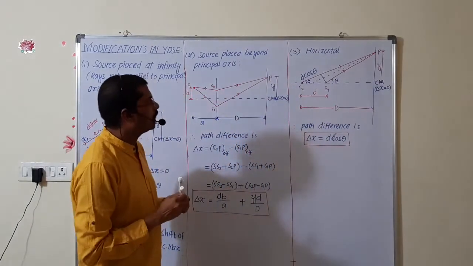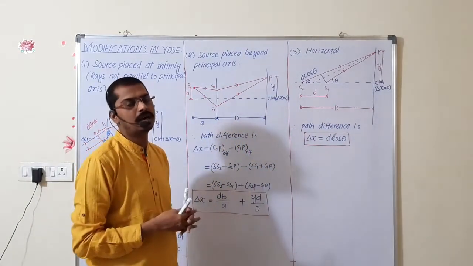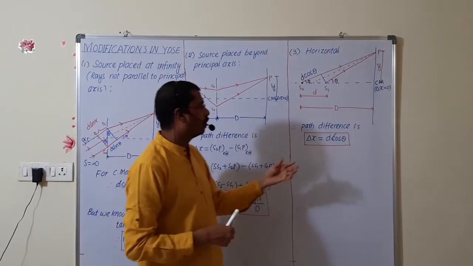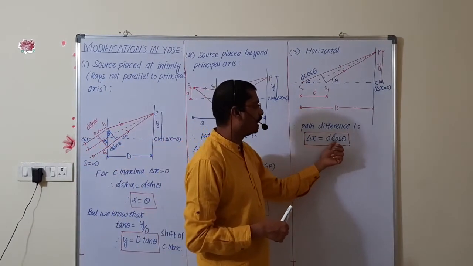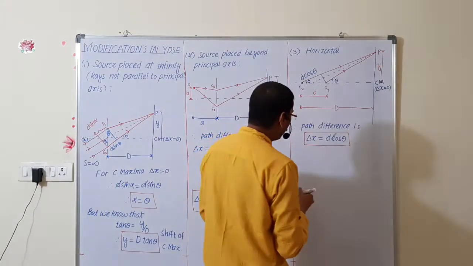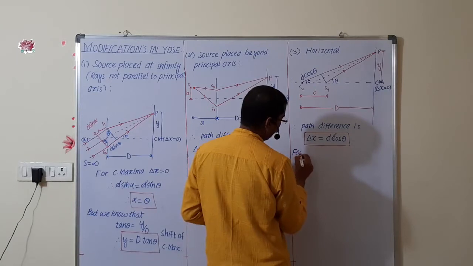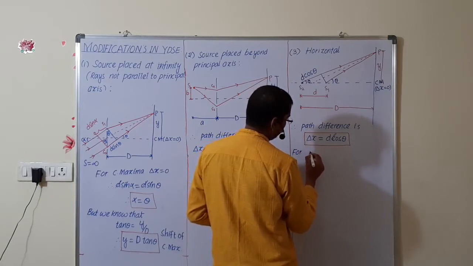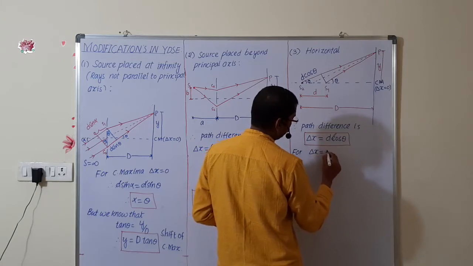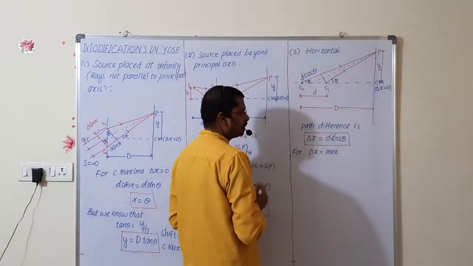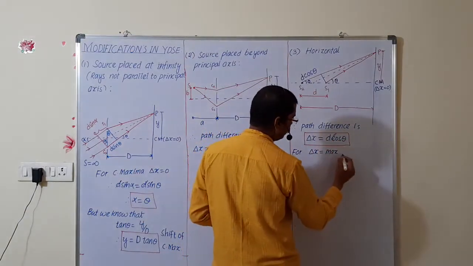Whenever the two slits are placed in the horizontal direction, along the horizontal, that time path difference is equal to D cos theta. If I want to calculate for delta x maximum, if I want to take the delta x is a maximum, here what we have to take?